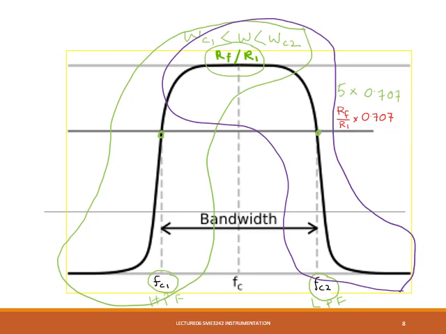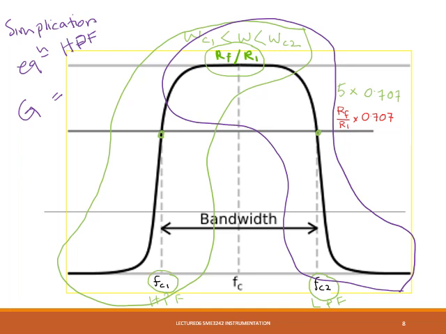So for simplification, we can just consider the equation for high pass filter in order to determine the gain. Because we see the high pass filter response first, then only we see the low pass filter response second.